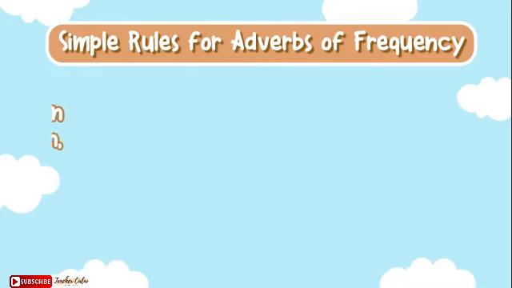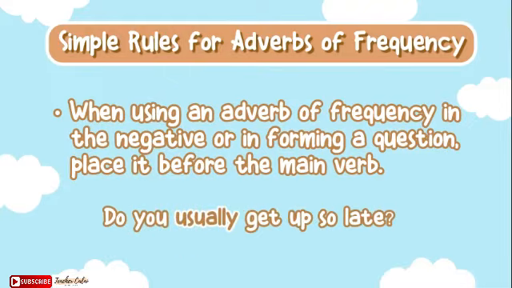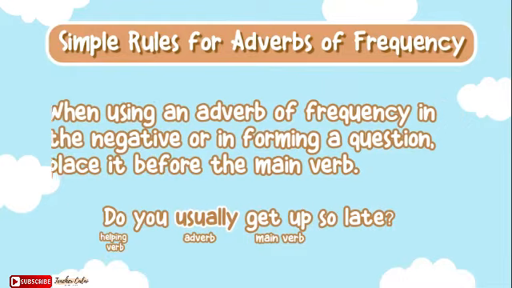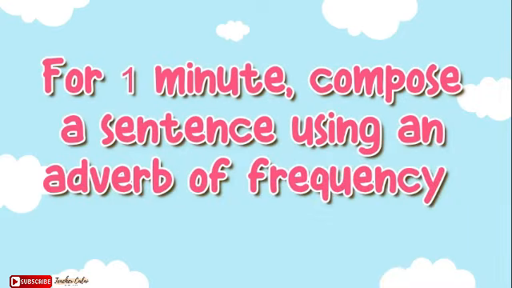When using an adverb of frequency in the negative or informing a question, place it before the main verb. Example, do you usually get up so late? The adverb used is placed before the main verb. Now it's your turn.